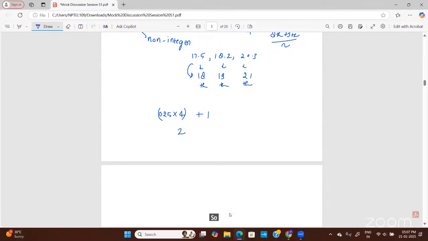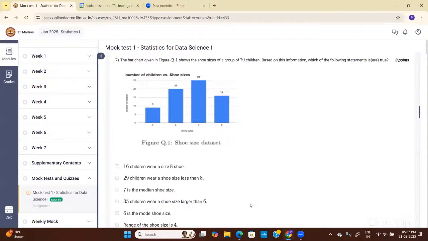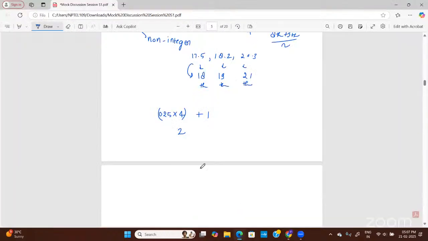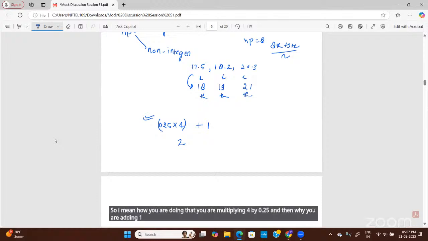The study material formula is only NP, not NP plus 1. You are multiplying 4 by 0.25 and then why are you adding 1?